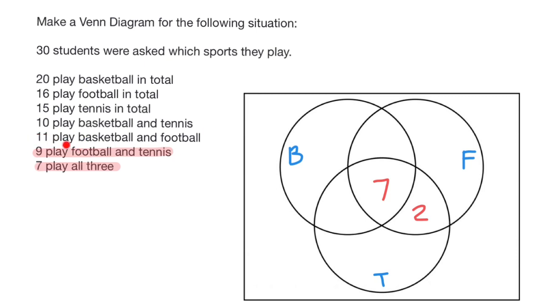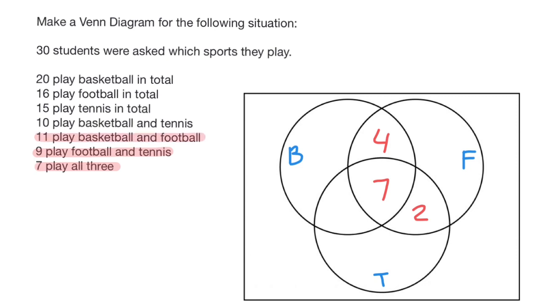11 people play basketball and football. So football and basketball, and 11 people. We already have 7 in this section, so 11 minus 7 is going to be 4. So we put 4 here, and the total is going to be 11 people who play both basketball and football.